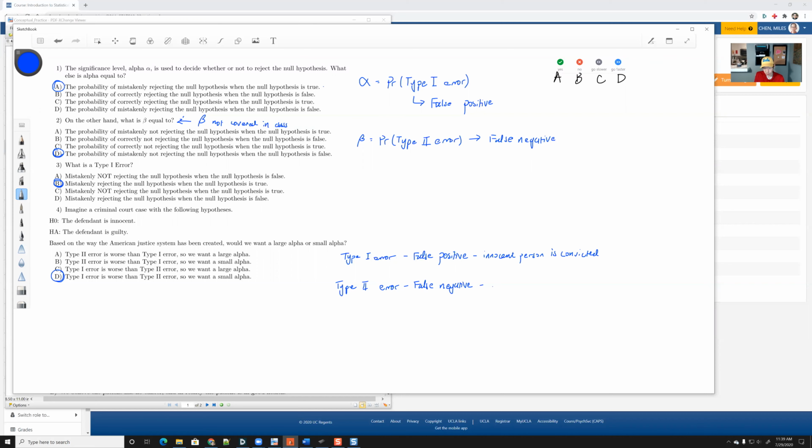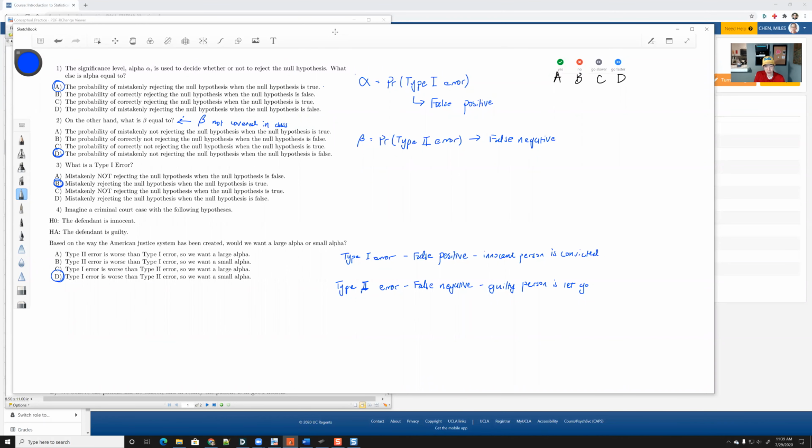This means a guilty person is let go. We also don't want that, but we would prefer to avoid the type 1 error. The type 1 error is worse.